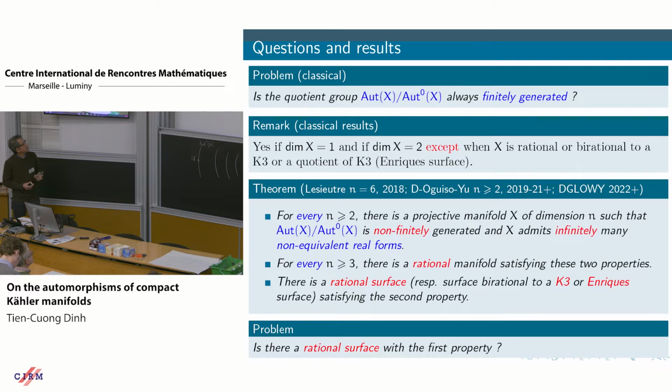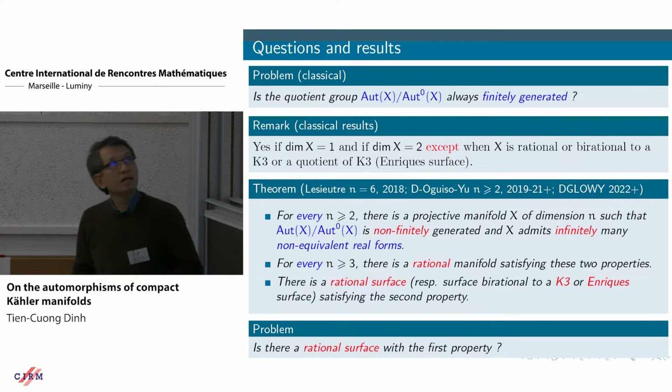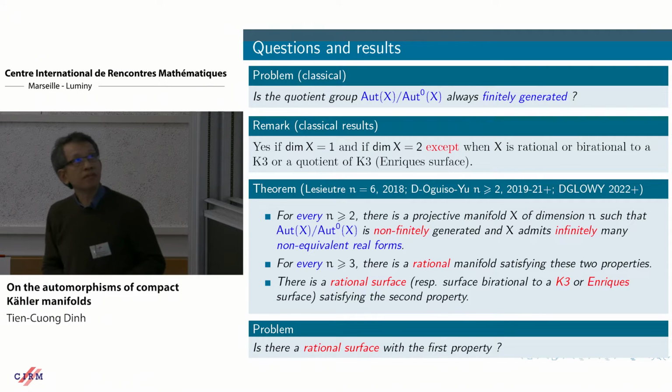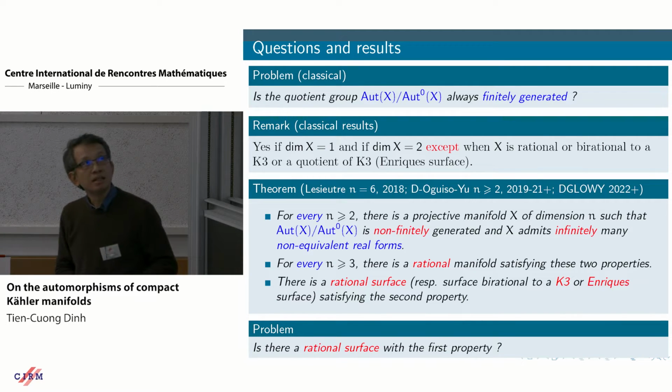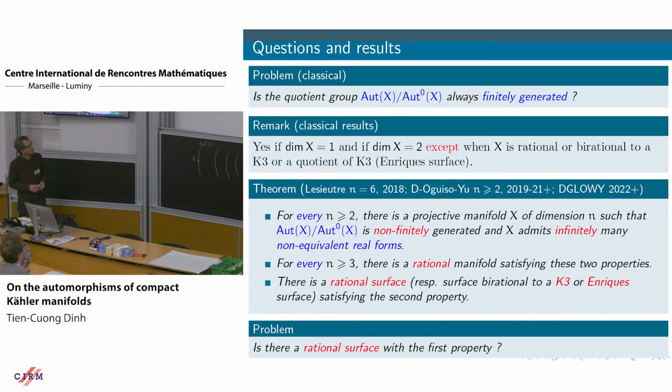The answer is actually yes for dimension 1 and many cases in dimension 2, except when X is rational or birational to a K3 or a quotient of a K3 surface. And recently, Lazić proved that in dimension 6, there is an example such that this quotient is not finitely generated.